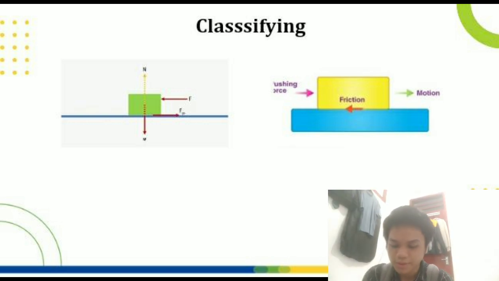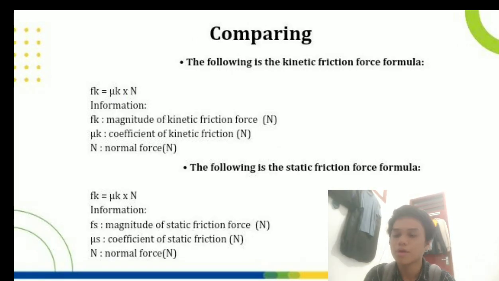And the second part is comparing. The difference between static and kinetic friction force. Static friction is friction that occurs between solid objects which do not move relative to each other. Static friction occurs when an object slides down an inclined plane. Static friction formula.